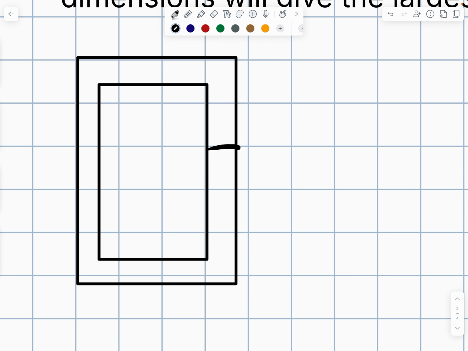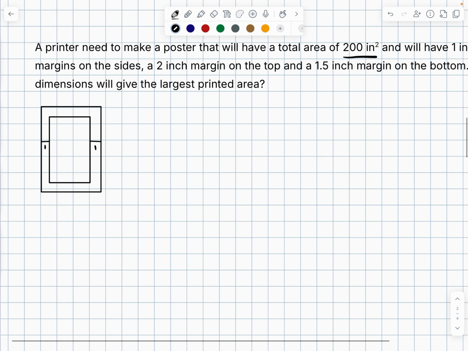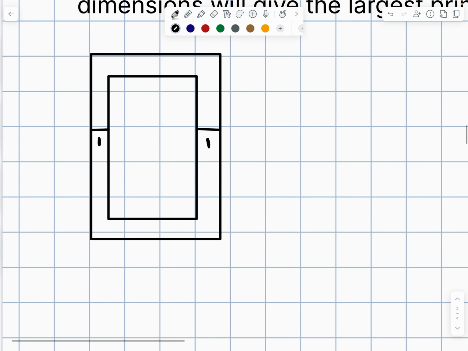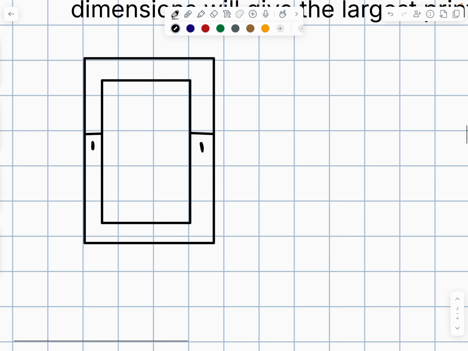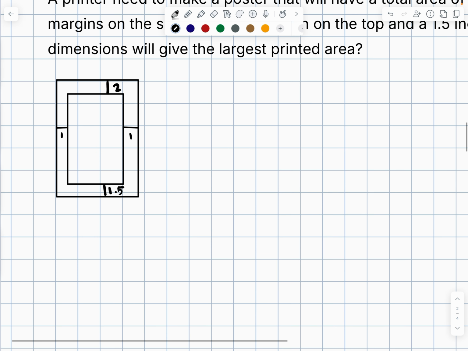So we have a 1 inch margin here, and then we have a 1 inch margin here. So 1 inch, and then it says 2 inch margin at the top and 1.5 at the bottom. So 2 at the top and then 1.5 at the bottom. Those are our margins. So if we label this as H, this side was H, but then we're figuring out what this is. That's what we're trying to figure out.